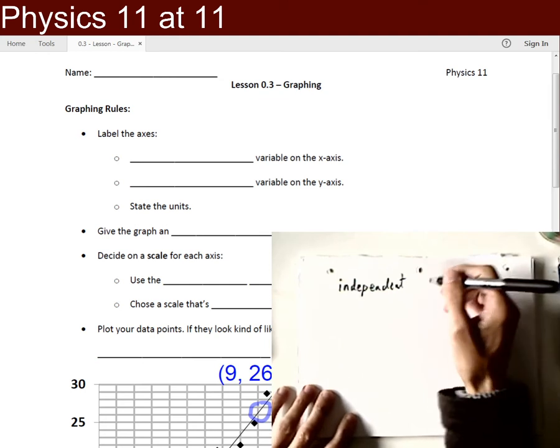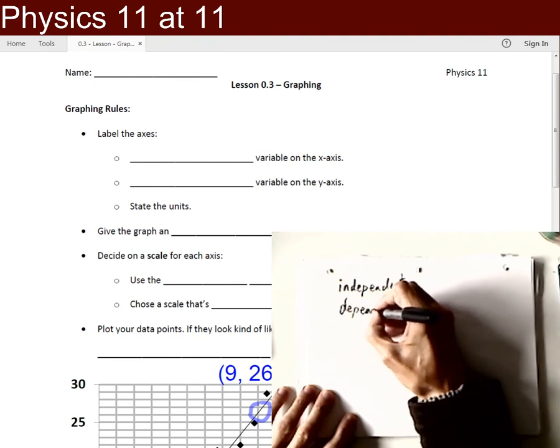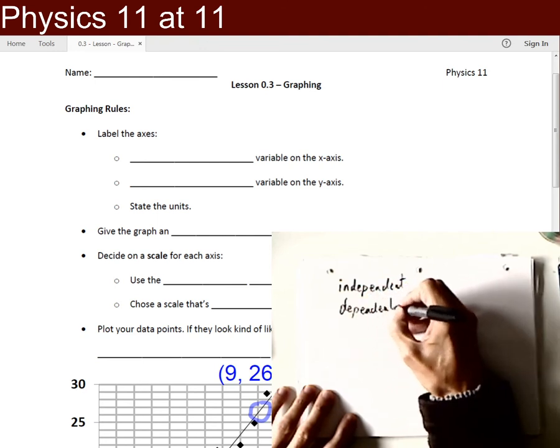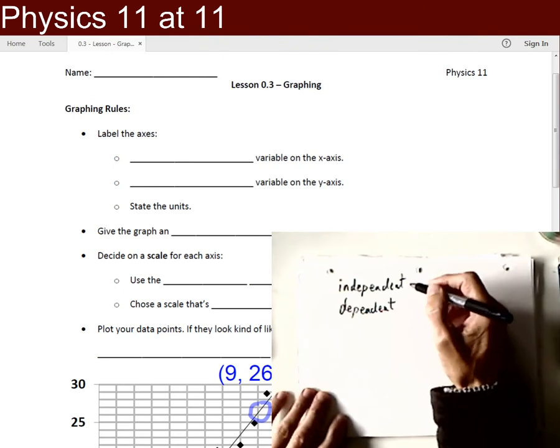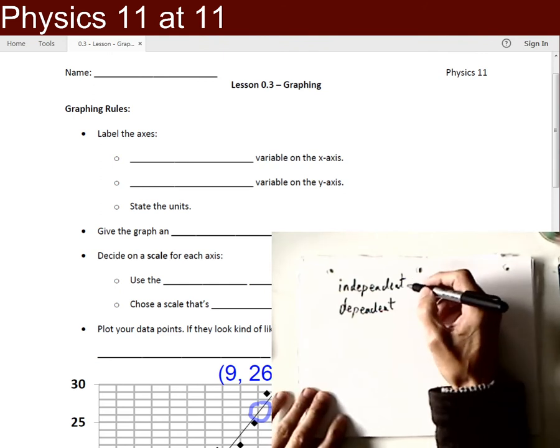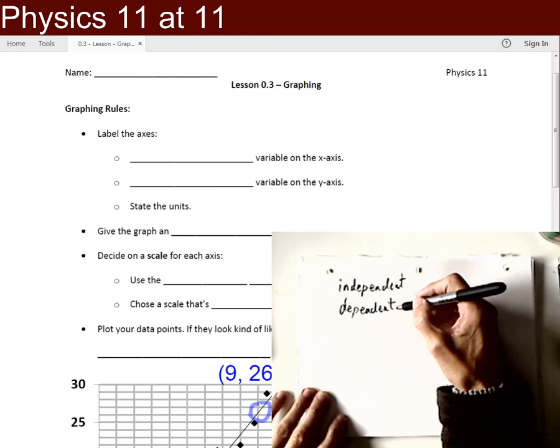The y-axis is the dependent variable. So usually you choose values for the independent axis. You choose values for the x-axis. And then the results you get from the experiment depend on those values. So those are along the y.